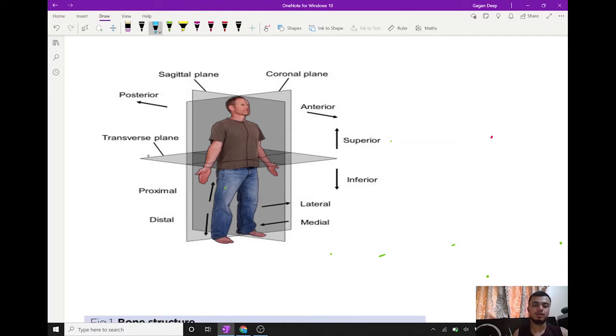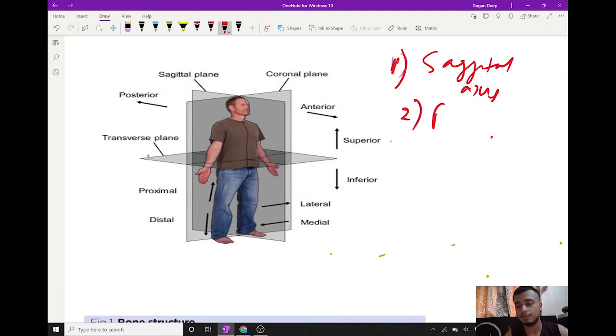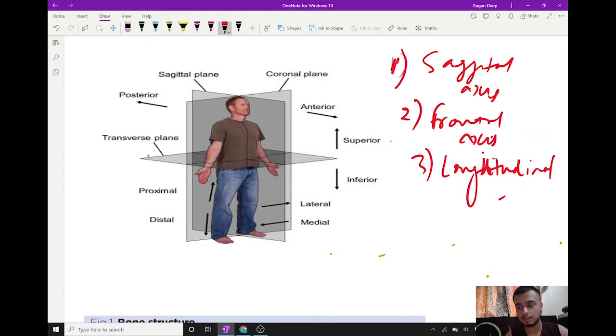Now if I'm gonna talk about axis, first let's name the three axes. First axis would be sagittal axis. Second axis will be frontal axis. Third axis would be longitudinal axis.